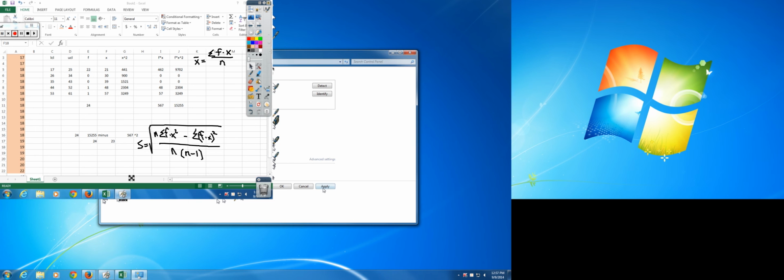Taking that formula, I just plugged in the numbers where you can see it. N is 24. The summation of f times x squared is 15,255 minus the summation of f times x, quantity what? Squared over 24 times 23. 24 times 23.